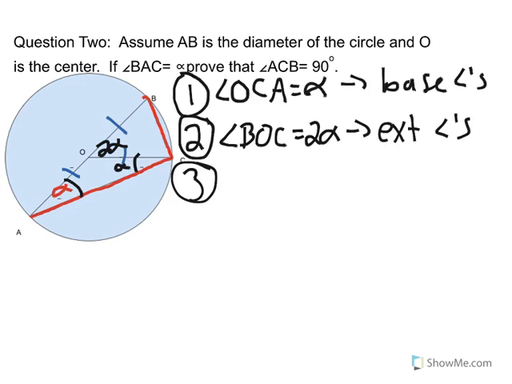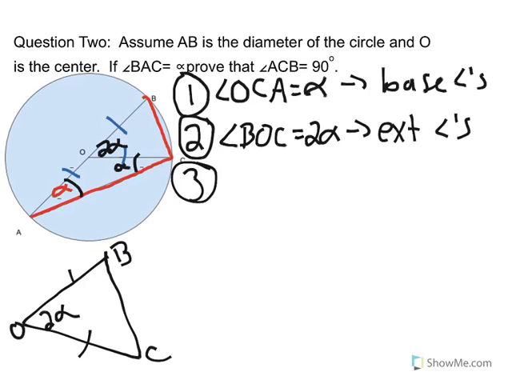So now looking at the second isosceles triangle in the picture, this is O, B, C, and that is 2 alpha. So to find those, now here are my legs, so that would give me those as my base angles, so they have to be congruent. To find them, I would subtract what I have from 180 and then divide by 2.